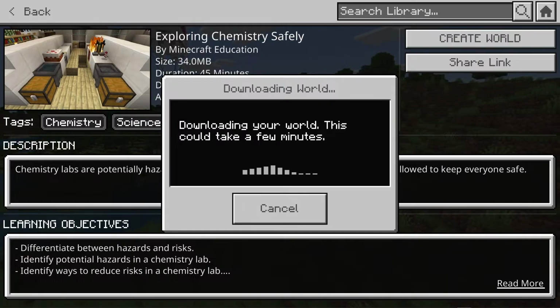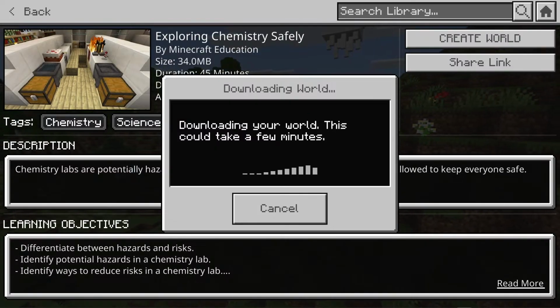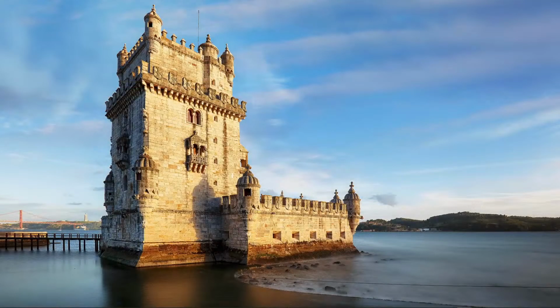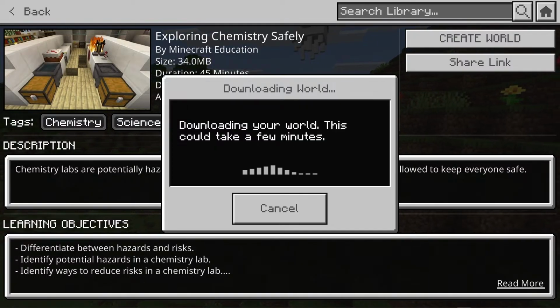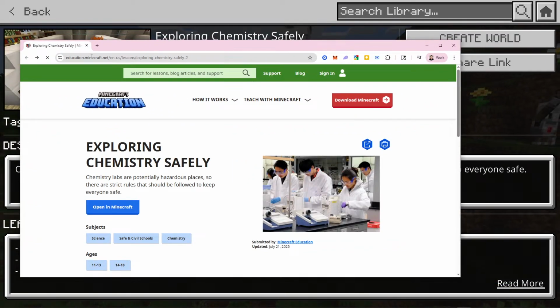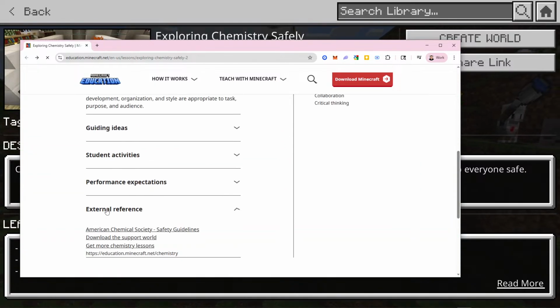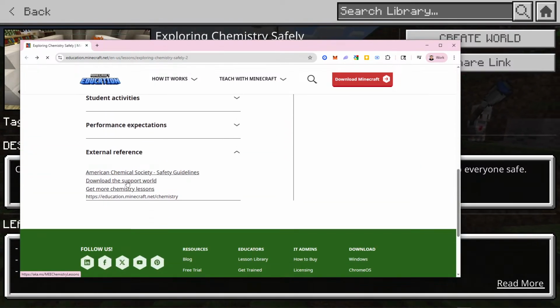So there's quite a few of these. And hopefully the world downloads fine. I've changed up my settings here, so hopefully it goes to plan. Maybe we can download the world directly.